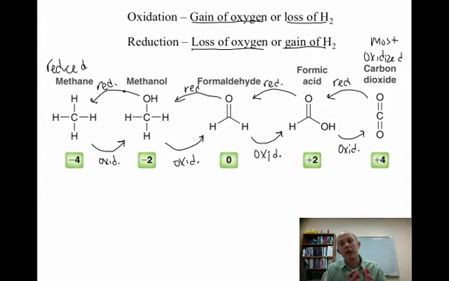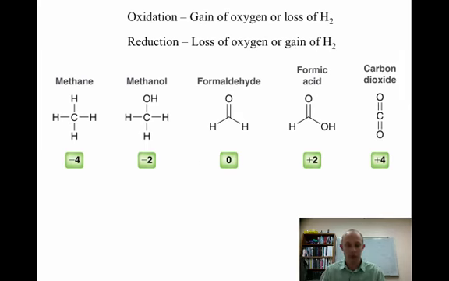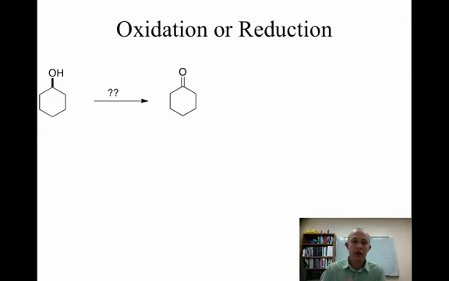So I want you to be familiar with these oxidation and reduction reactions and how to look at a reaction and decide, is this an oxidation or is this a reduction reaction, by looking at either loss or gain of hydrogen or loss or gain of oxygen atoms. Okay, so for example, if we look at this molecule, sometimes it's not easy to see because the hydrogens aren't explicitly drawn.